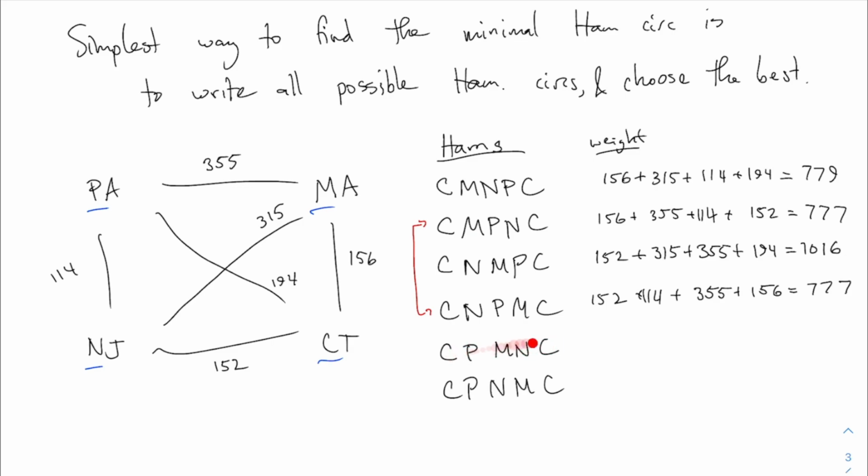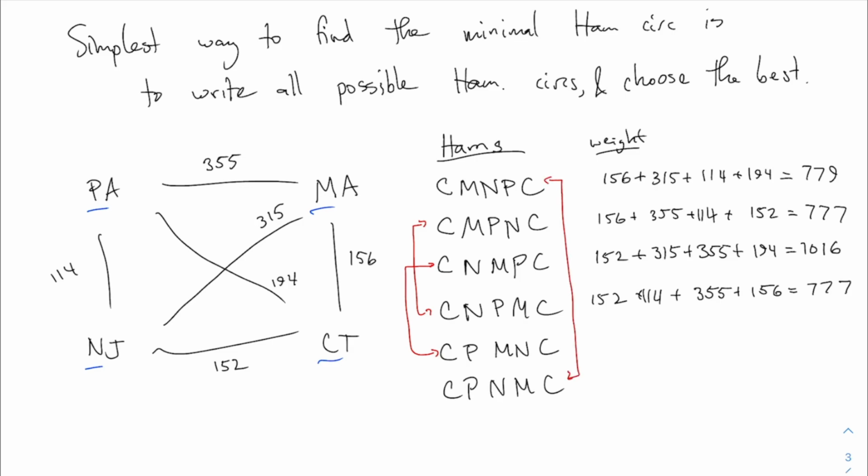Which is this one here? Can you say? This is going to match one of the ones we already did, I think. C, P, M, and C. That is the reverse of C, N, M, P, C, which is this one here, right? 1016. So this one, you can save yourself some work if you notice that those things naturally pair up as reversals of one another, and this one is the reversal of that one.